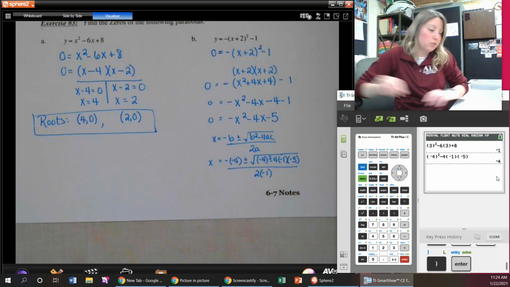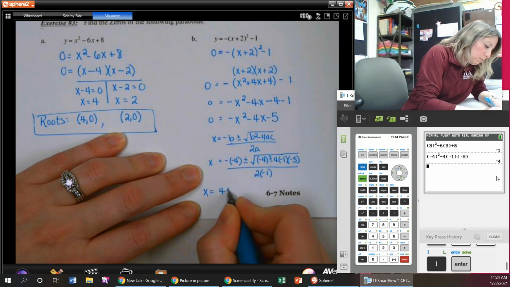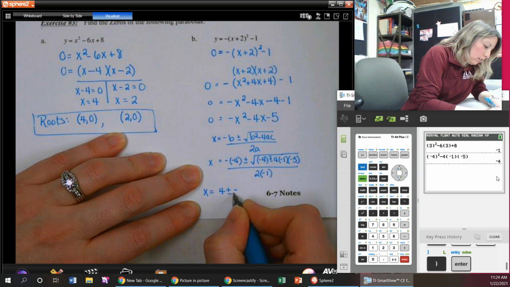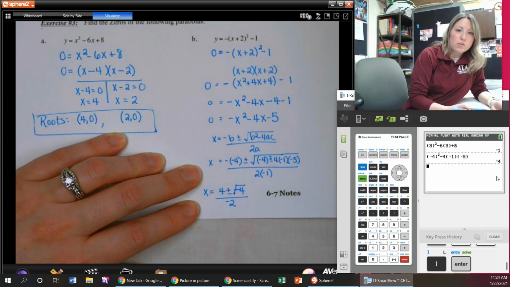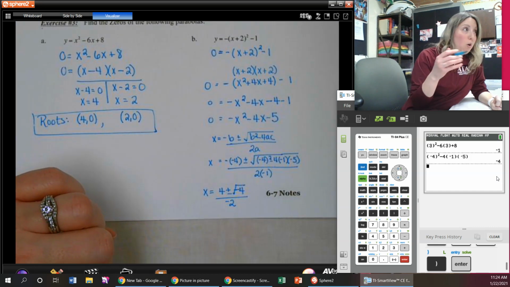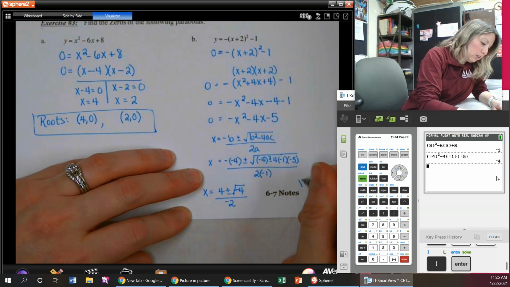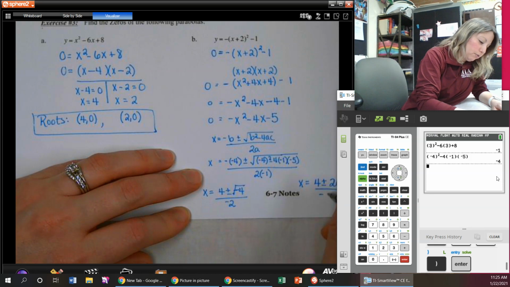So negative 4 under the radical. You got x equals 4 plus and minus the square root of negative 4 over negative 2. And we know that 4 is a perfect square, but we've got that negative 1 factor. That's your i. So you've got x equals 4 plus and minus 2i over negative 2.